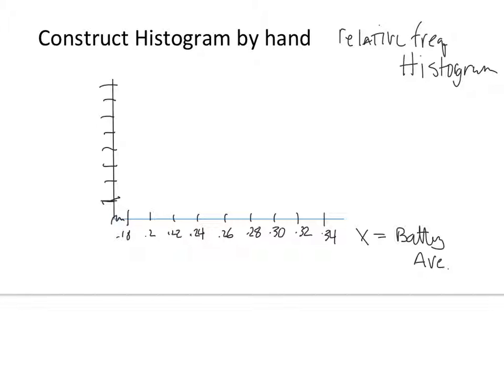So I know I have to go from 0 basically to 0.22. So 1, 2, 3, 4, 5, 6, 7, 8. Let's make this 0.05, 0.10, 0.15, 0.20, 0.25. Well, that's probably, and then the next one would be 0.30.